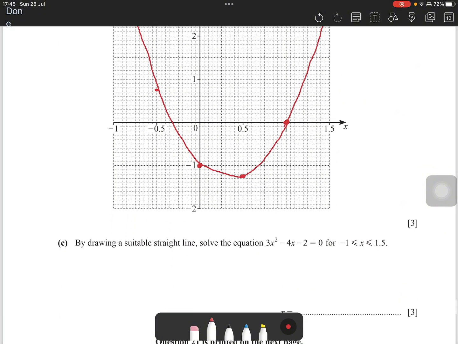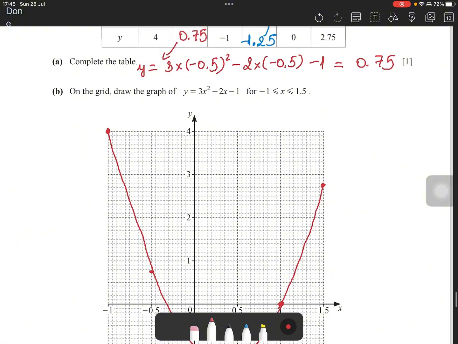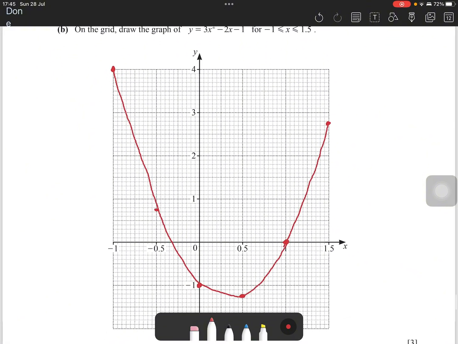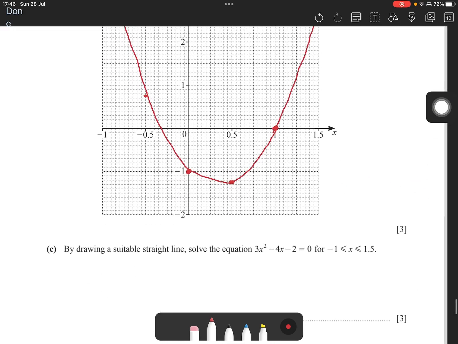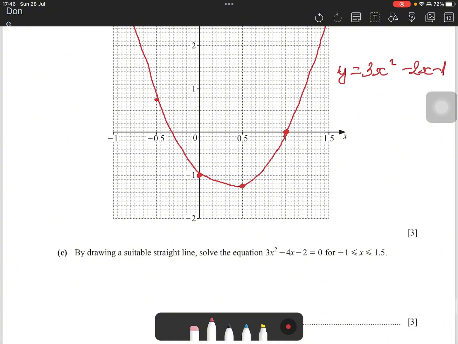C. By drawing a suitable straight line, solve the equation 3x squared minus 4x minus 2 equals 0. So let's look back to the line that we have. The line is y equals 3x squared minus 2x minus 1. So based on this, we'll try to convert this into that one. I'll keep 3x squared.